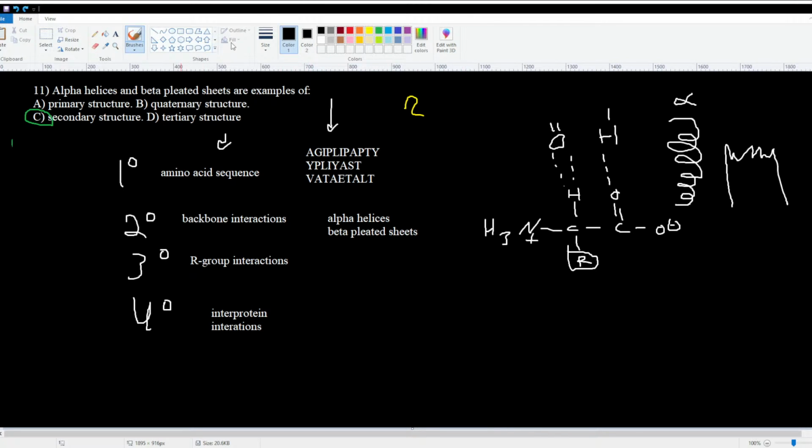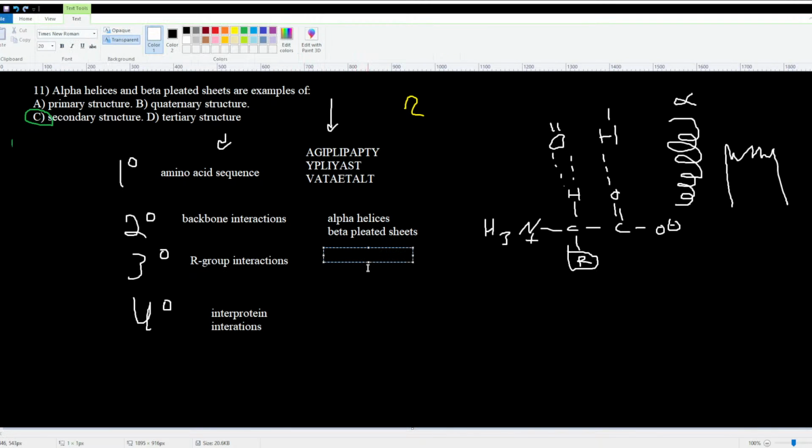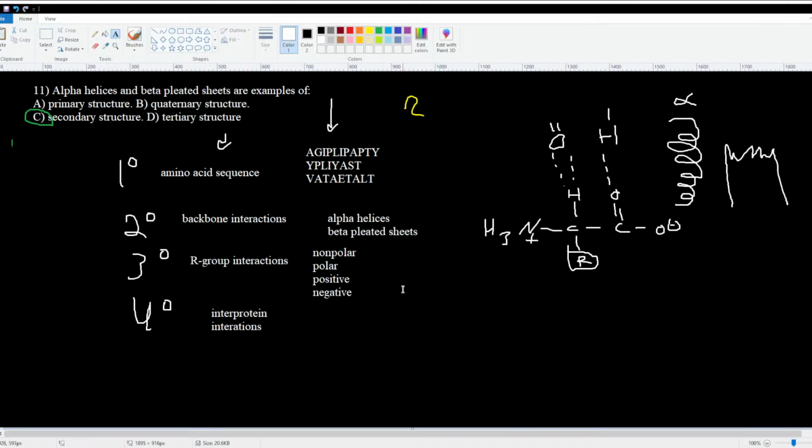So then we go into R group interactions. Going back to what we talked about, there are four different types of R groups: non-polar, polar, positively charged, and negatively charged. So what do these mean?